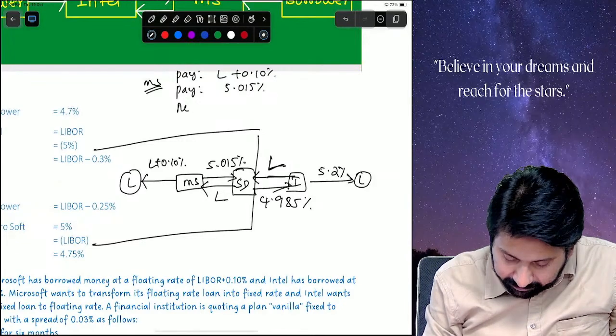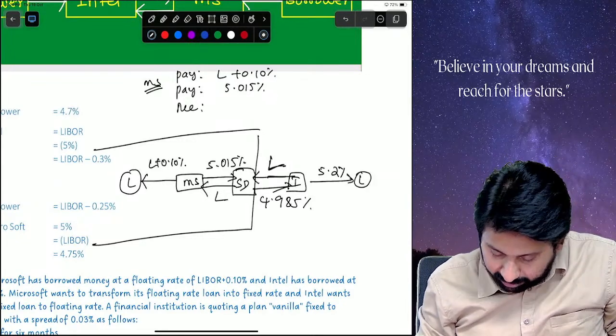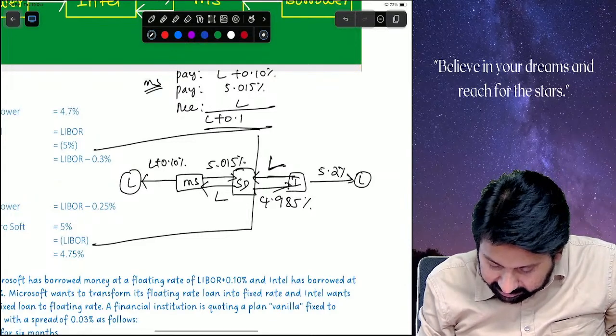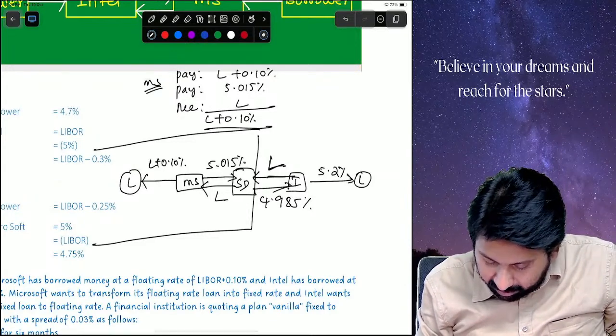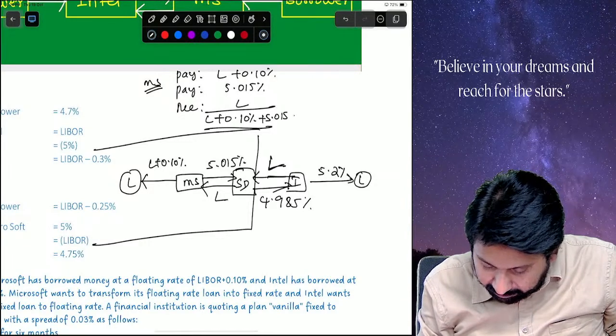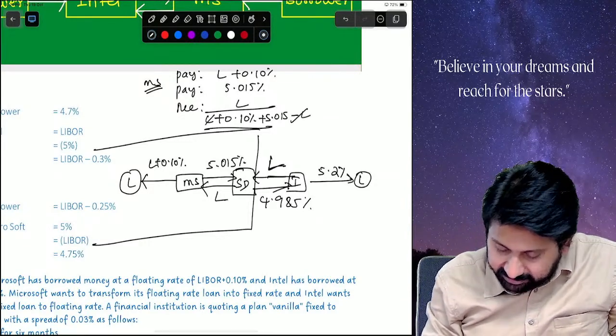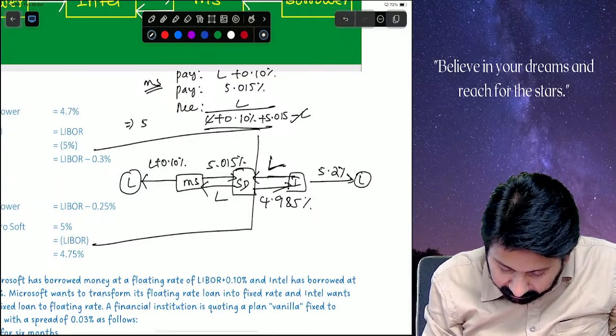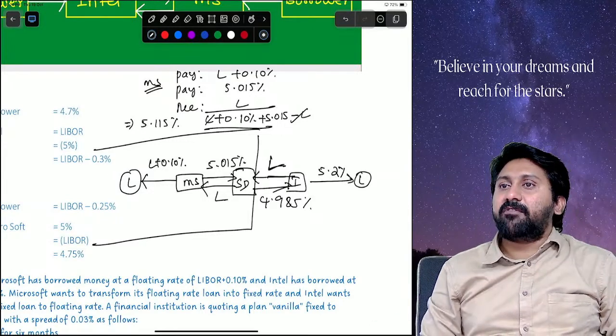Next, receive Libor. Tell me the net position. Libor plus 0.1 plus 5.015 minus Libor. Libor cancels. So it is 5.115.